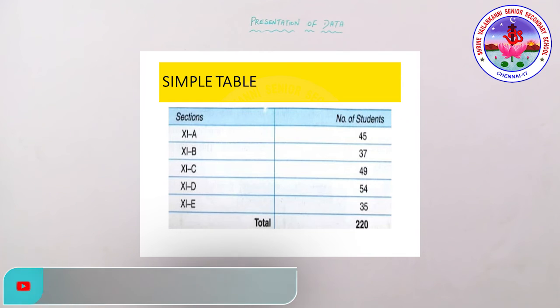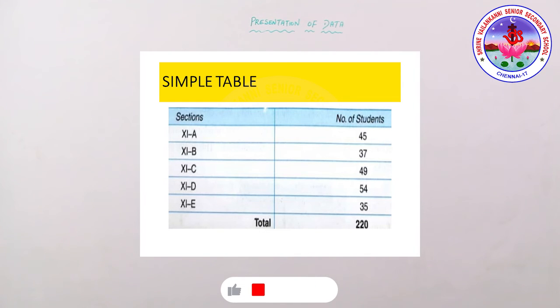It is also known as a one-way table or first order table. Here you can see the number of students in different sections of class 11 in a school. The first column denotes the section, and the second column the number of students. That's why we call it a simple table.